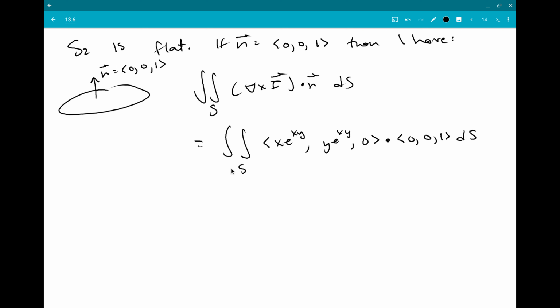I'm not going to worry about setting up my bounds of integration because when I take that dot product, I get 0 times x e to the xy plus 0 times y e to the xy plus 0 times 1. And so this integral that I was asked to compute is just 0.